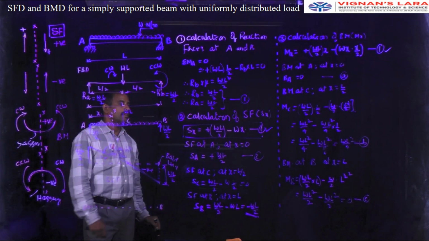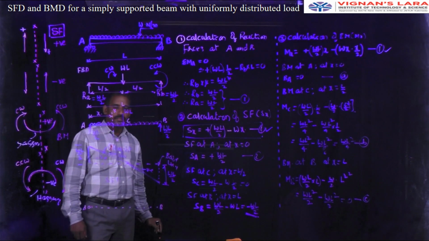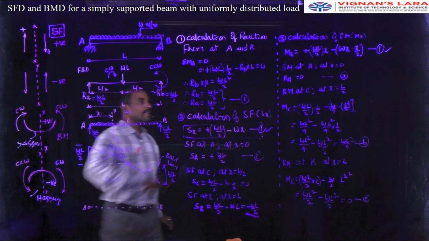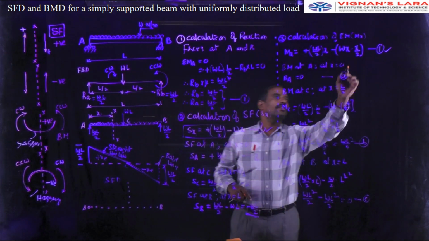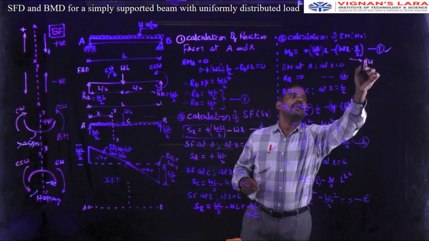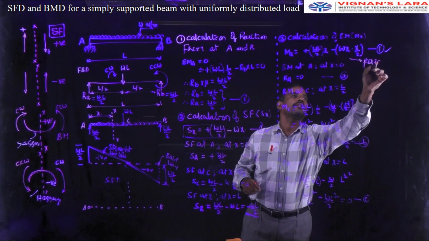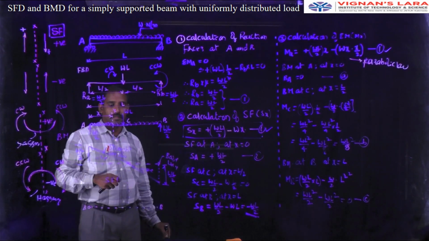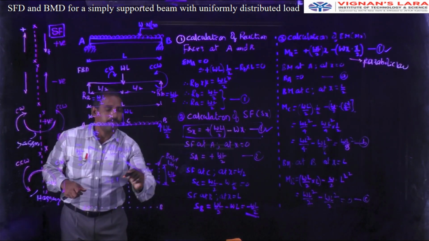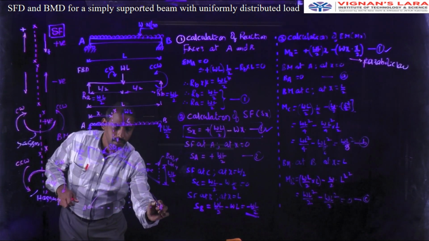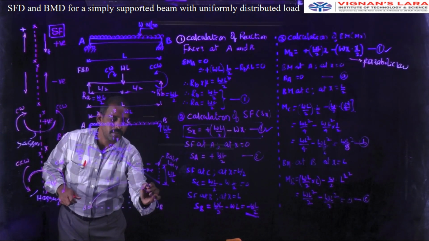That is WL square by 8, at C. I think this equation follows the parabolic law. So this shows the parabolic law.